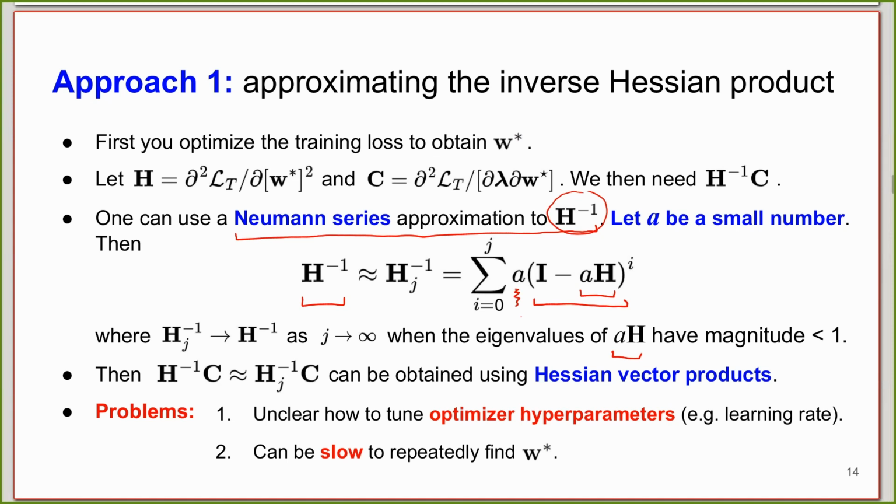Okay, this is called, I think you would say Neumann in German, like Neumann series approximation, and it involves multiplying with the Hessian, because it's only powers of the Hessian. So now you can do Hessian vector products. You may have to do a lot of those products, but you will obtain an approximation to the inverse Hessian.